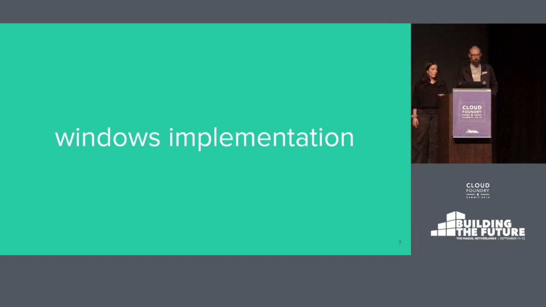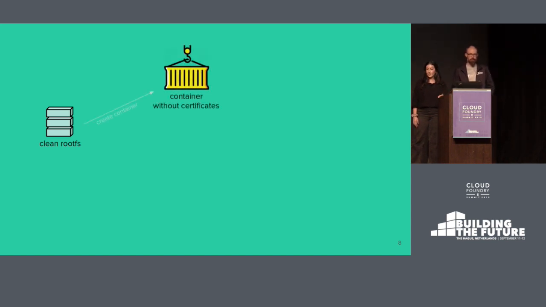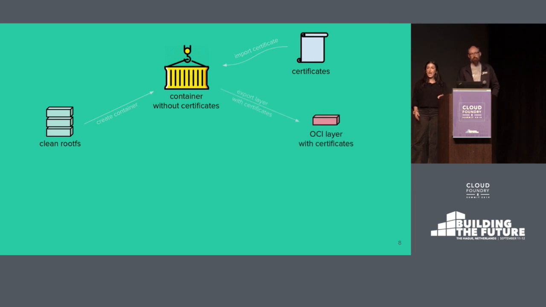So the way our implementation works is we start with the clean root file system, and we bring up a regular old container with that. Then we take the certificates and we import them into that container, and this takes care of the Windows registry update issue that I just discussed. And then once we add those certificates into the container, we can export the top layer of that image, which contains the certificates that we just added.